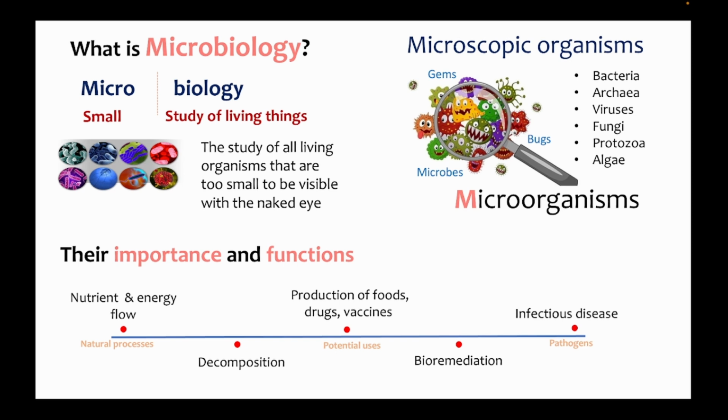also in the production of food, drugs and vaccines, in the form of fermentation, in the form of probiotics, in the form of yogurt. For drugs and vaccines, usually microbes are used as a host to carry a recombinant DNA to produce the vaccines and the drugs.